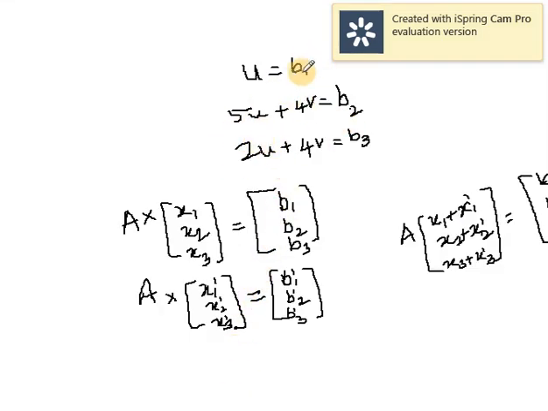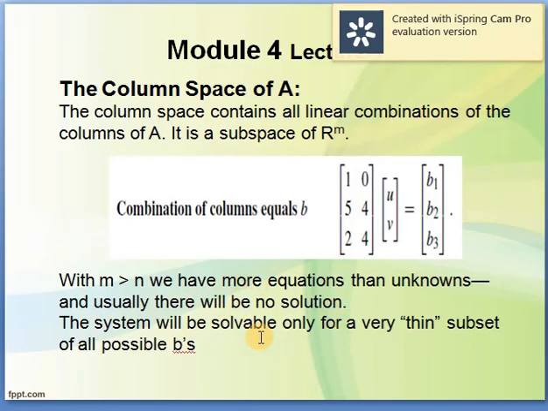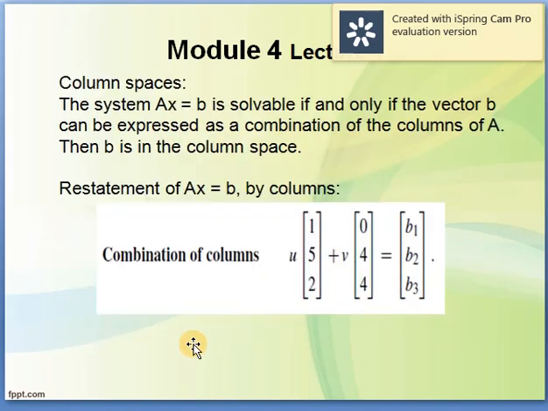So this matrix has 3 equations and 2 unknowns, u and v, and because of this it becomes impossible to solve in general. The solution can be obtained if we express this as a linear combination of the columns. So the system will be solvable only for a very thin subset of all possibilities.